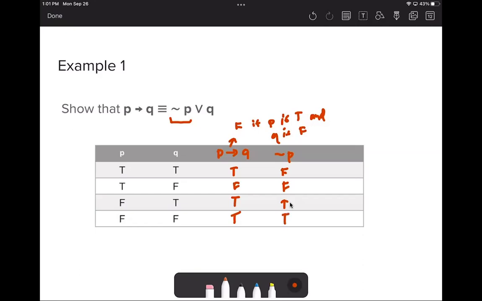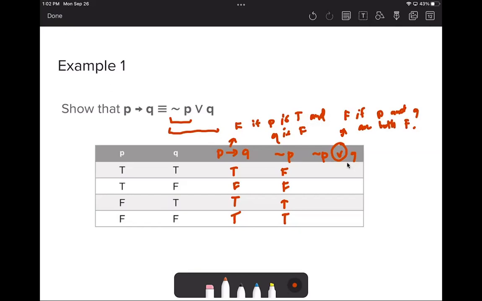Now let us take the disjunction of not P or Q. By the definition of the disjunction statement, this will only be false if not P and Q are both false.